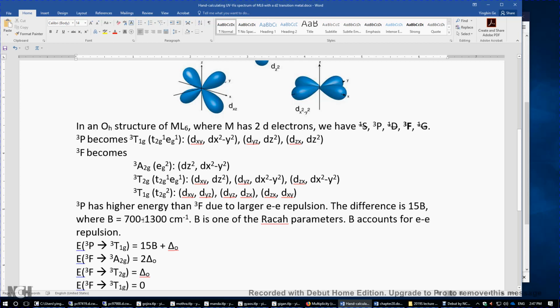So we'll talk about that later. There are 3 Racah parameters, A, B, and C. A is just the average electron-electron repulsion, and B accounts for additional electron-electron repulsion if the 2 d electrons share the same plane. And then there's another, the third parameter C, that accounts for the electron spin.